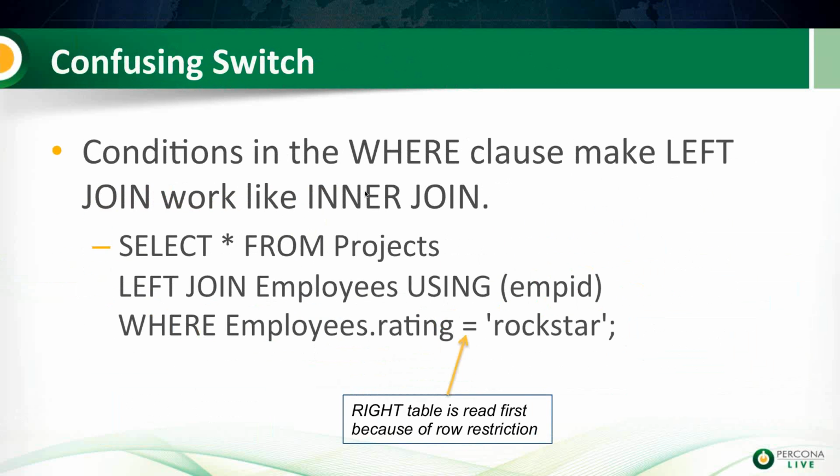This gets even more confusing because there's an exception to what I described. Take a look at this. This is another mistake that people make, although it doesn't have a high impact.